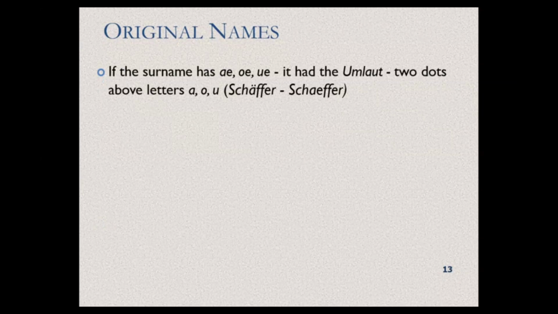I have it in my first language as well. The umlaut is those two dots above those vowels. Sometimes Germans substitute those two dots above the letters A, O, and U by adding the letter E. So it changes the vowel sound.